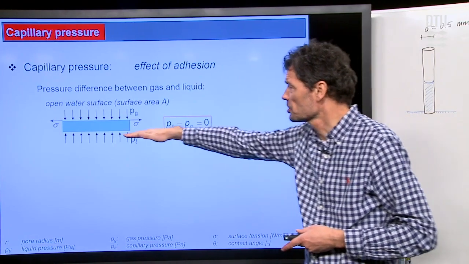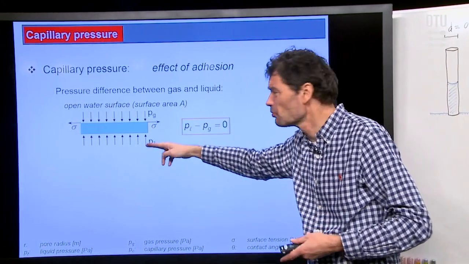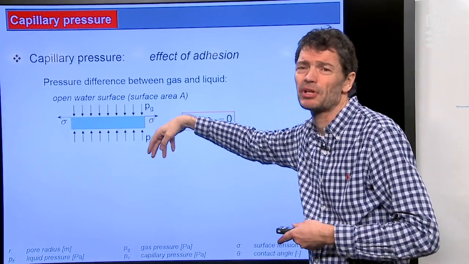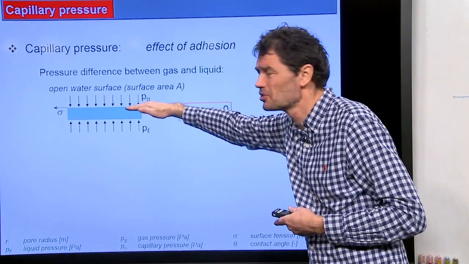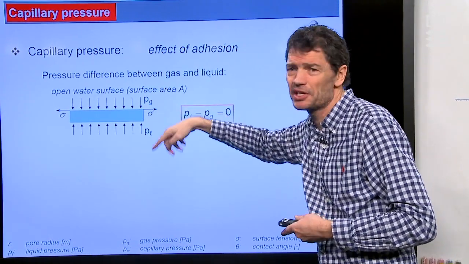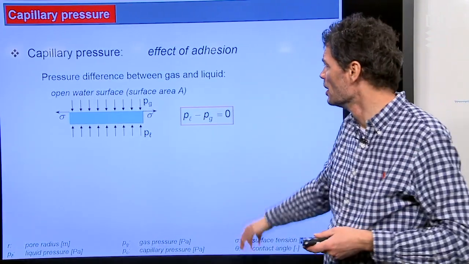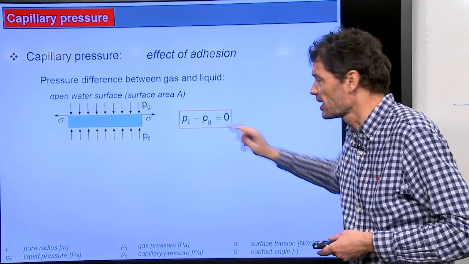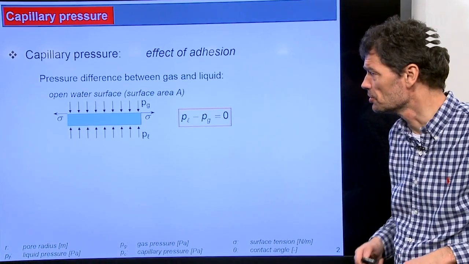We have a plain water surface, and the liquid pressure is the same as the gas pressure over the liquid surface, the atmospheric pressure we have in normal air. So for such a flat surface, there is no difference between the two.